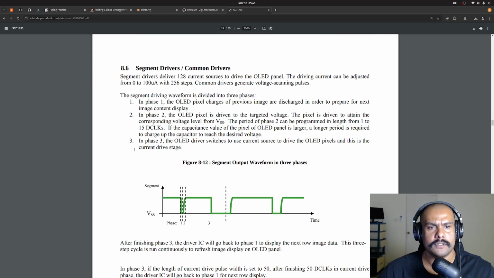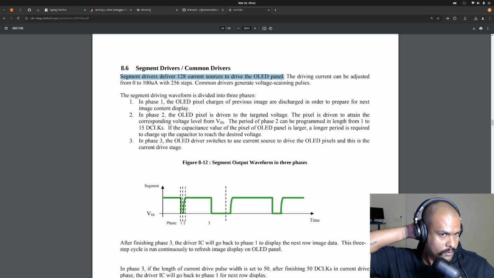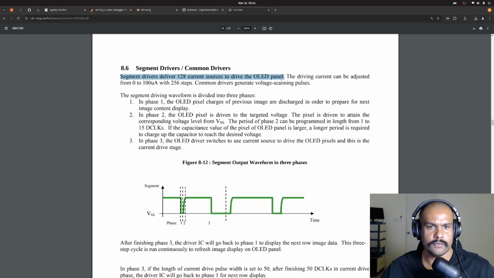Segment drivers / common drivers. Segment drivers deliver 128 current sources to drive the OLED panel. The driving current can be adjusted from 0 to 100 with 256 steps. Common drivers generate voltage scanning pulses.